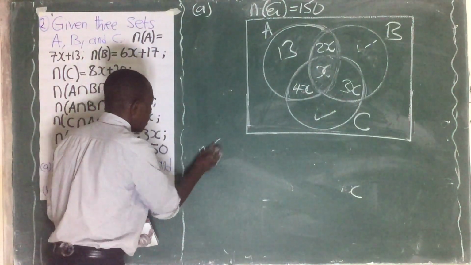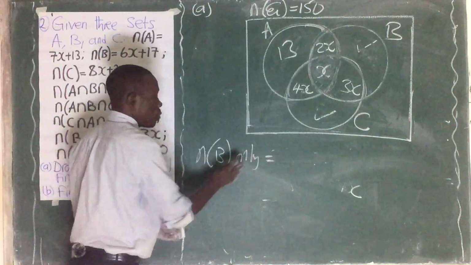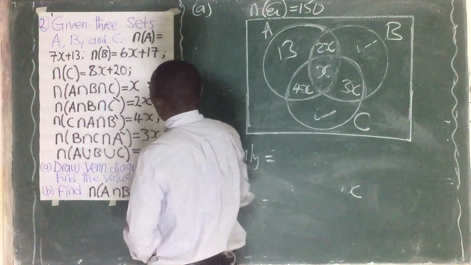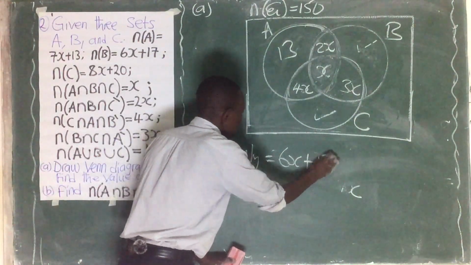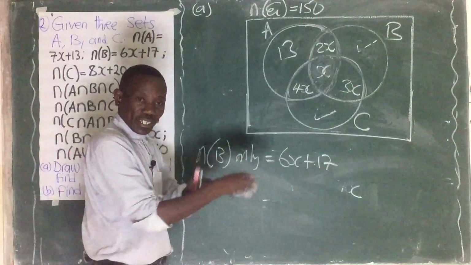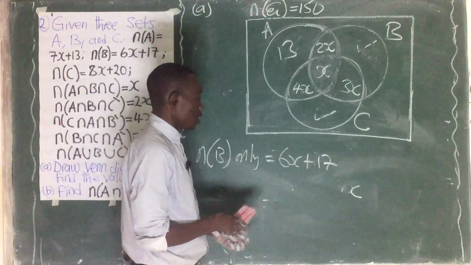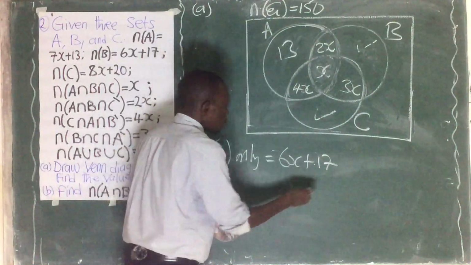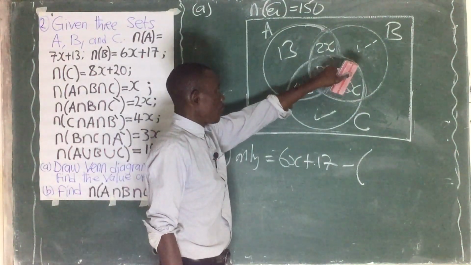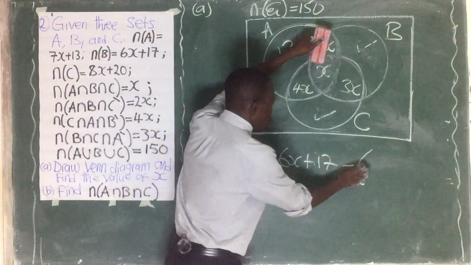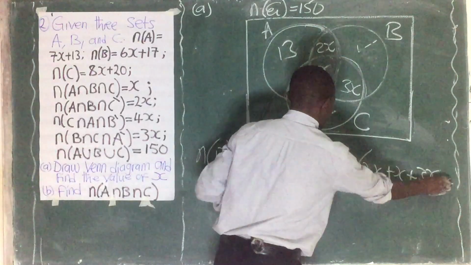Number of elements in B only. It'd be what? Total number here we are given as 6x plus 17, an expression representing the number of things in that set. So this one should subtract what? Number of elements which are given in B. So here we talk of 2x plus x plus what? 3x.